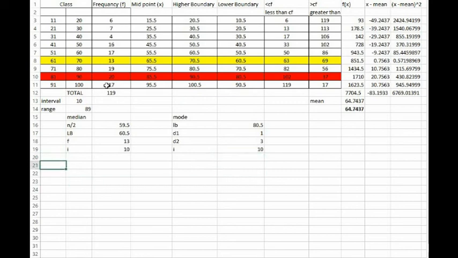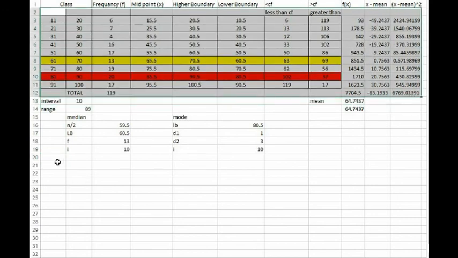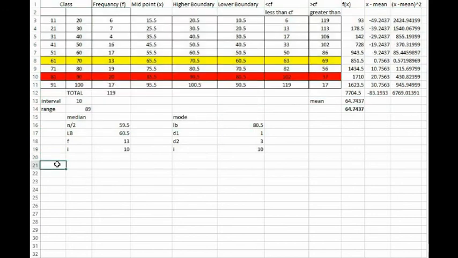Ngayon, if ever na magkabaliktad ang ating frequency distribution table, yan, paano magkabaliktad? Mauna si 91 to 100, 81 to 90, 71 to 80.